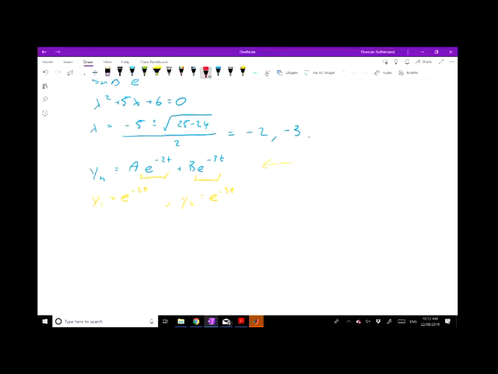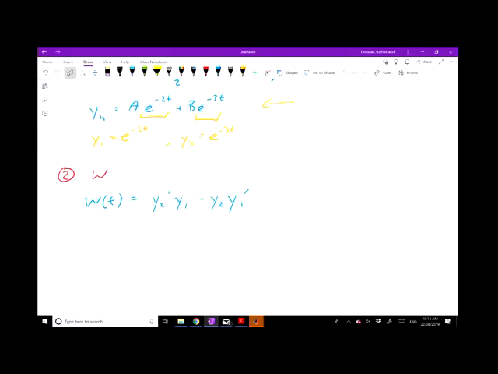Okay, but now we've solved the homogeneous problem. Step 2. Let's just calculate the Wronskian. It's a determinant, and it's got a formula. Okay, so you can kind of remember it as the first.